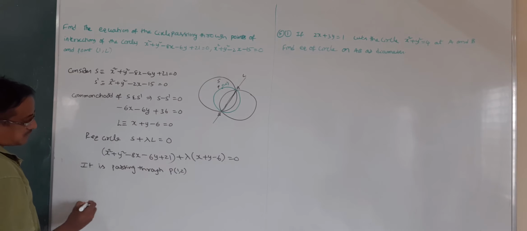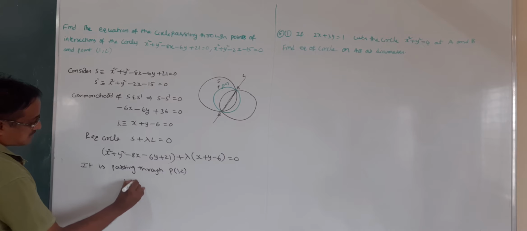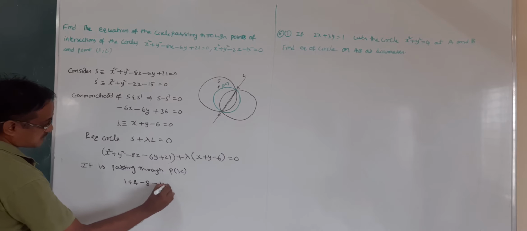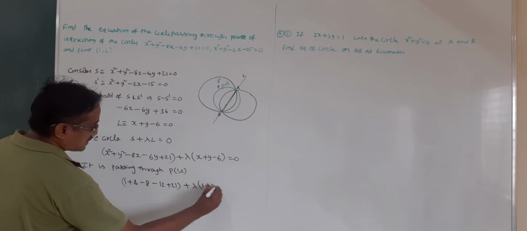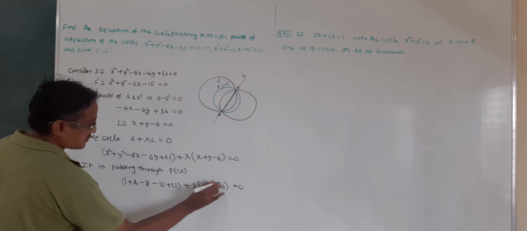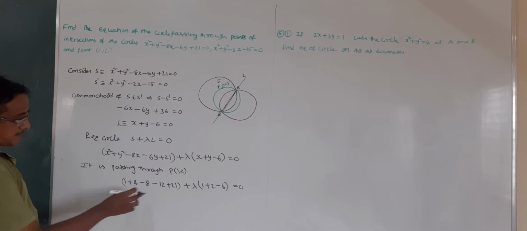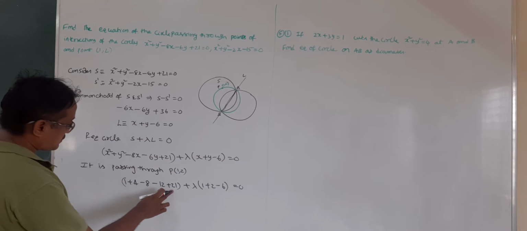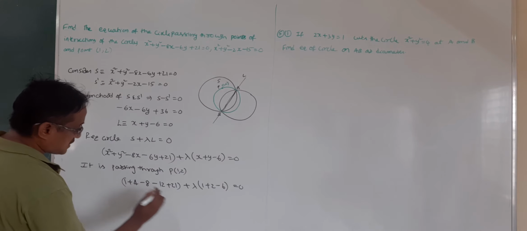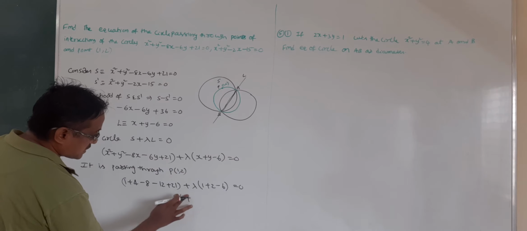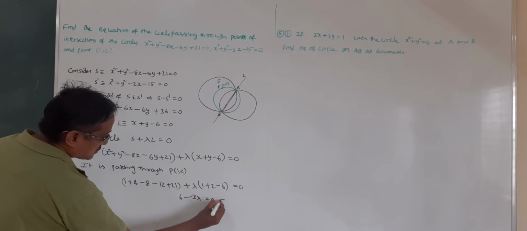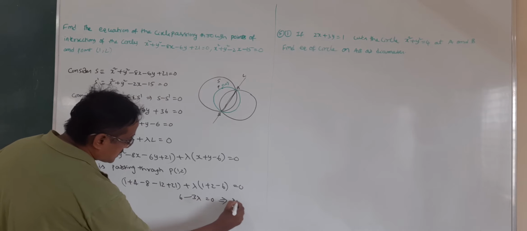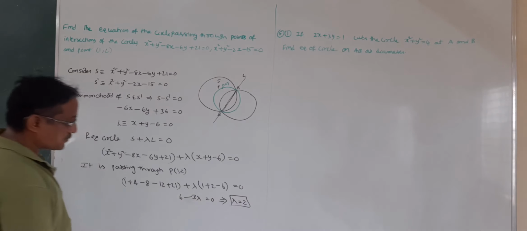You can substitute that point here. 1 plus 4 minus 8 minus 12 plus 21 plus lambda into 1 plus 2 minus 6 equal to 0. So it will be minus 20 plus 21, so 1 plus 1 plus 4, 6 minus 3 lambda equal to 0. So 3 lambda is equal to 6. Lambda is equal to 2.